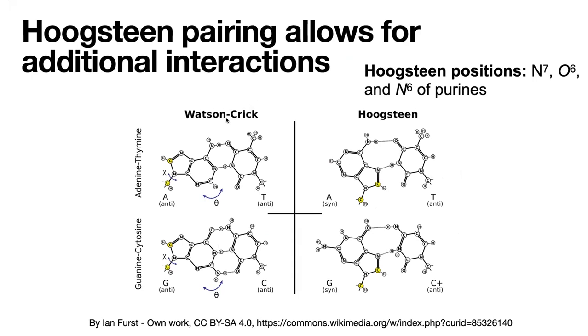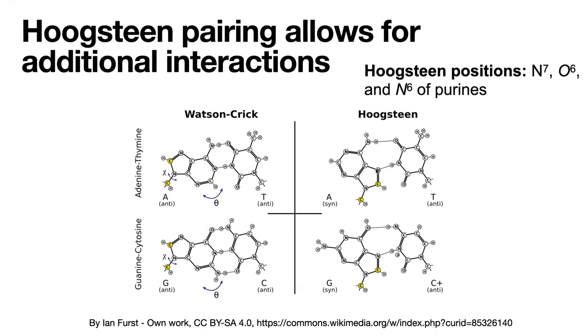Our canonical interactions were our Watson-Crick, or WC, interactions, and they were happening on this WC face. But we also have this additional face, these Hoogsteen positions. The Hoogsteen positions are going to involve the nitrogen in the smaller ring of your purine, so the nitrogen in this 5-membered ring.